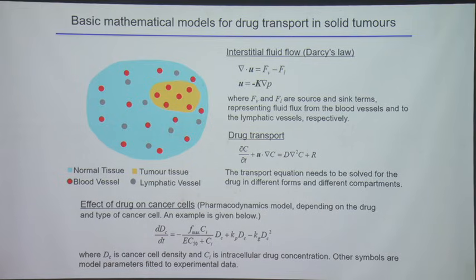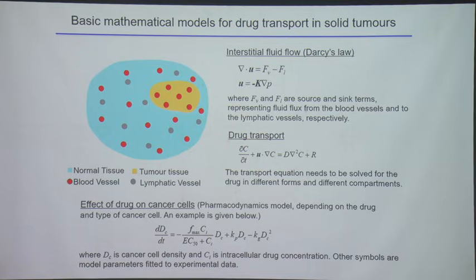So here, imagine that we have this idealized model. We have this region, and the blue area represents normal tissue, and then we have this yellow area, which we assume is a tumor tissue.